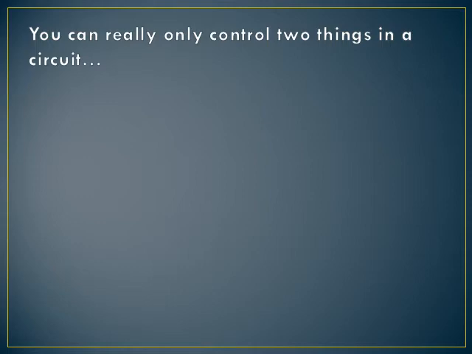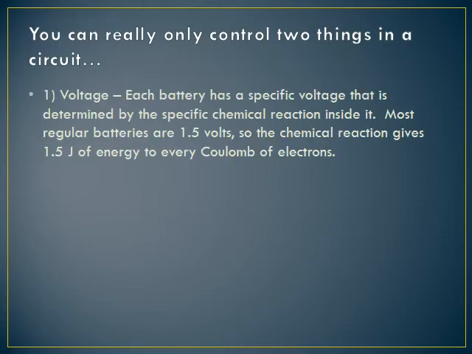So you can really only control two things in a circuit. The first thing that you can control is the voltage. And the voltage is determined by the battery that you use. Each battery has a specific voltage that depends on the chemical reaction that's going on inside of it.